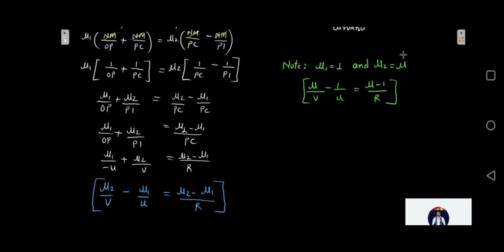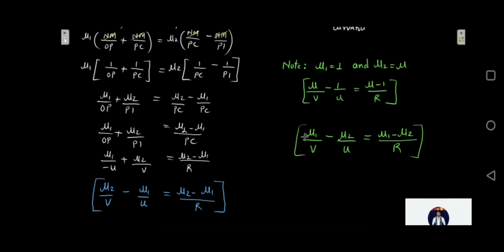The second point to note over here is that if the object is placed in a denser medium of refractive index mu2, then mu1 and mu2 are going to get interchanged in the same equation. Okay, so the expression is going to become mu1 upon V minus mu2 upon U is equal to mu1 minus mu2 upon R. So if you compare the two equations, only mu1 and mu2 will get interchanged.